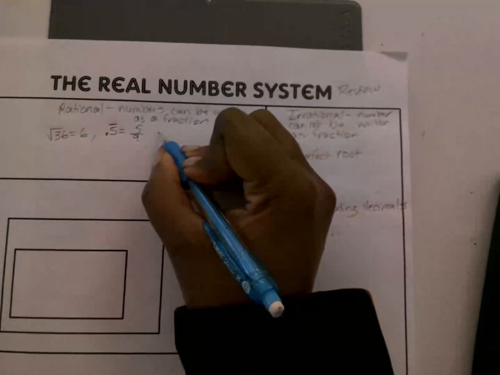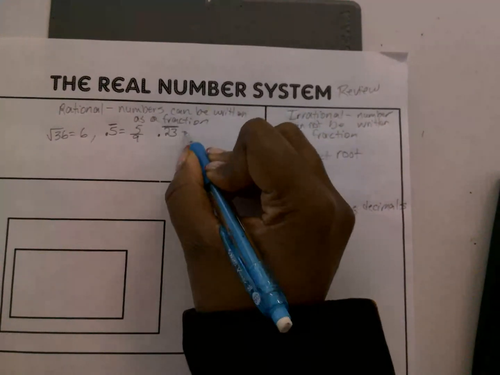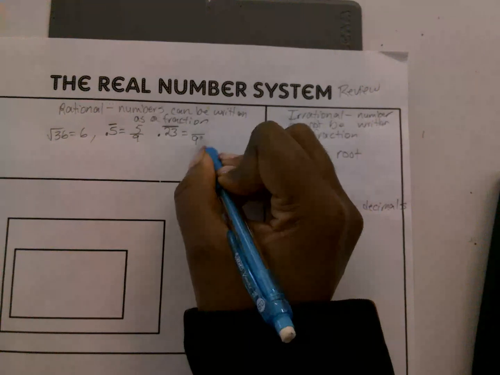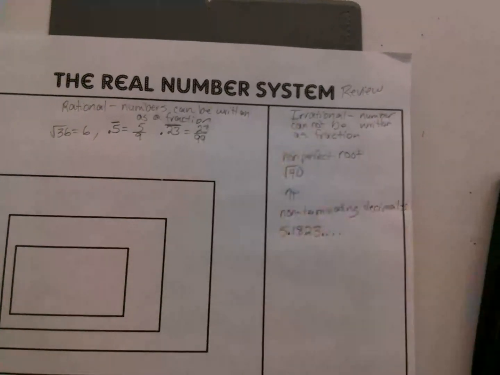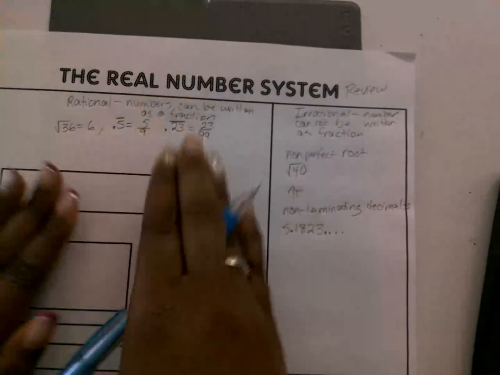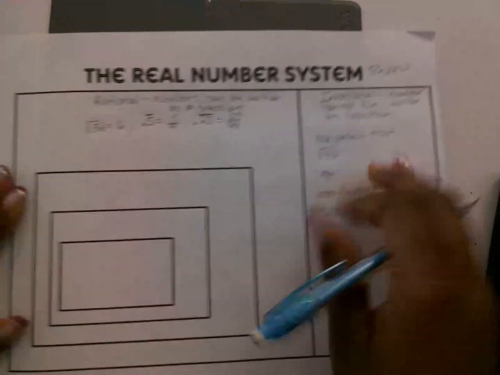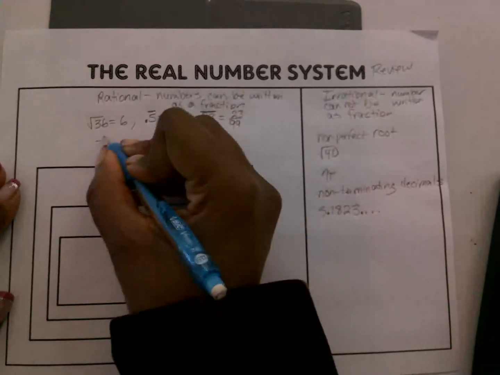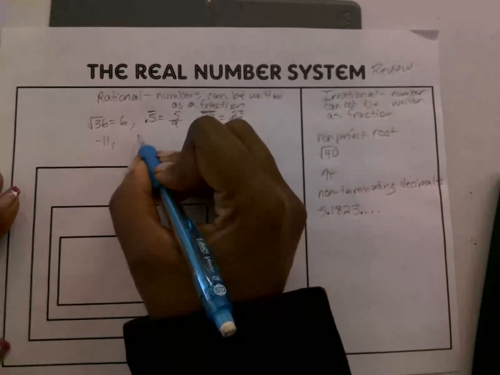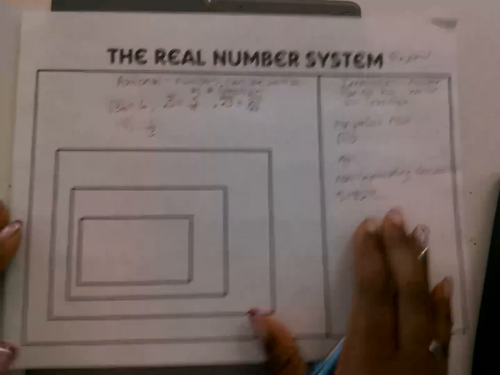If you have two numbers repeating, the denominator is 99, and so on and so forth. So repeated decimals are rational. You can write them as a fraction. You have whole numbers, you have negative numbers, you have fractions themselves. All of these numbers are rational.